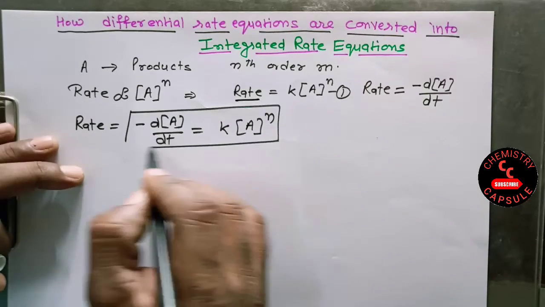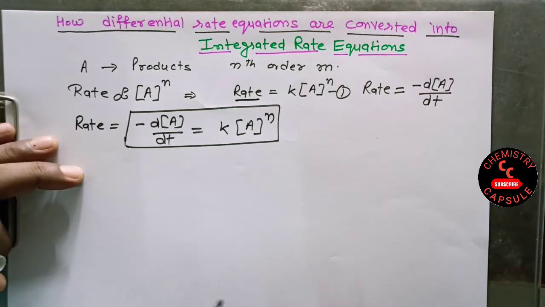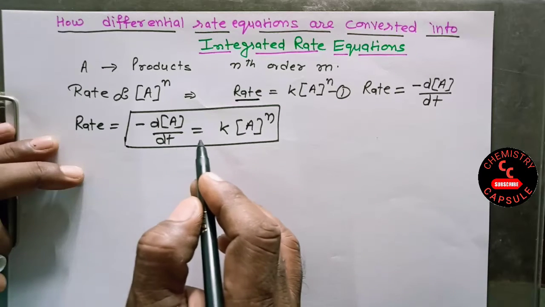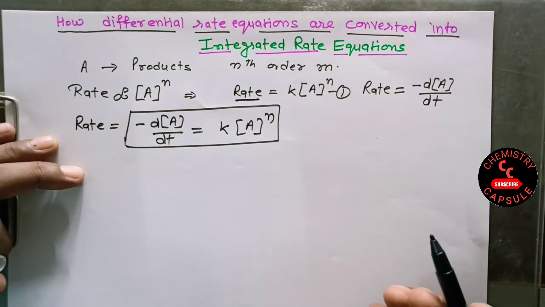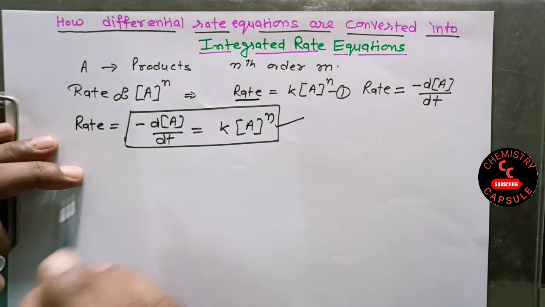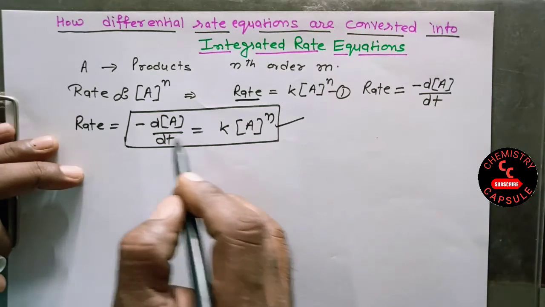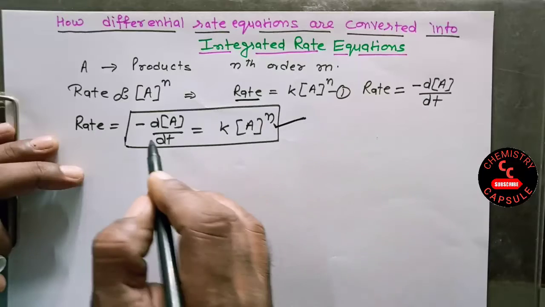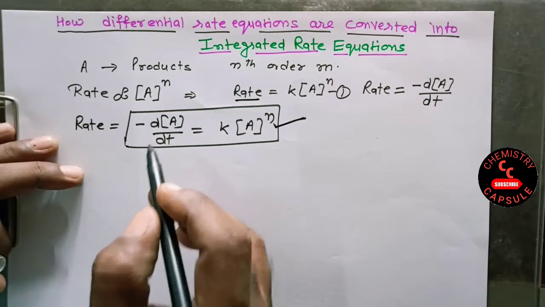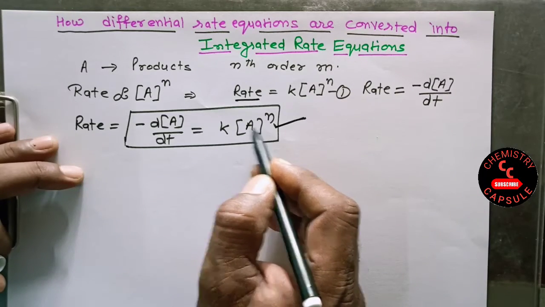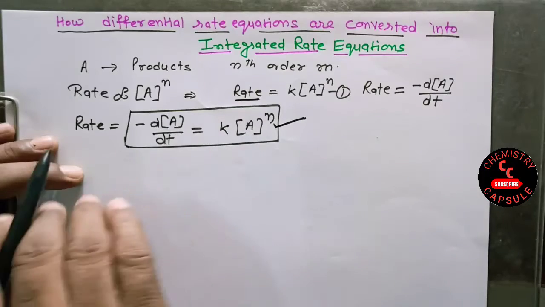So we use this equation for conversion of differential rate equation into integrated rate equation. So how can we derive the integrated rate equation from this differential rate equation? So rearrange the terms of similar type on one side.